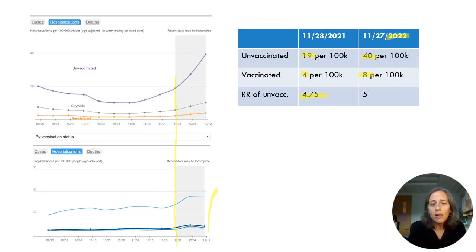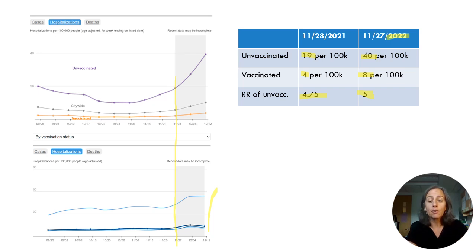What's going on? If we calculate the relative risk, we see the difference is still 5, right? So the vaccine is still really protective against severe illness. And this is even in 2022 when most people's vaccines are starting to wear off, or some people are getting boosters, but not everybody.